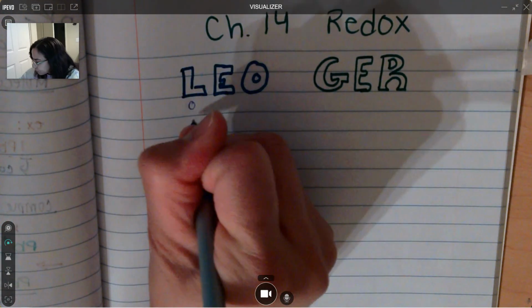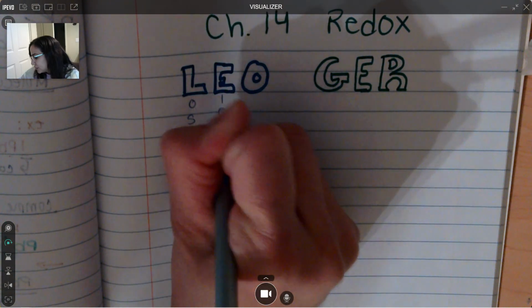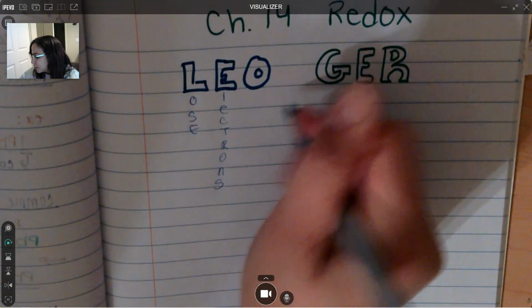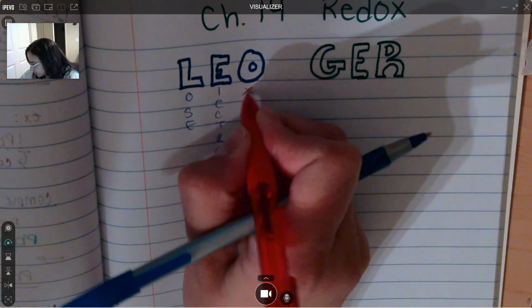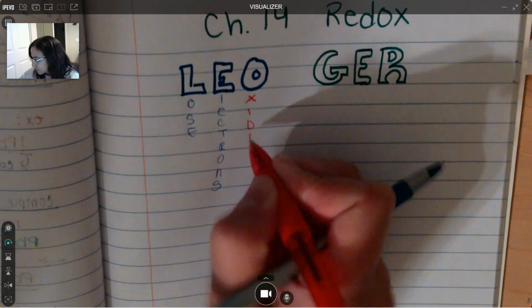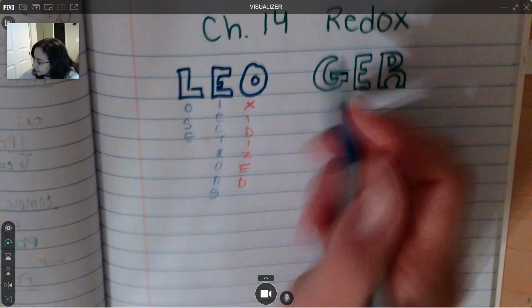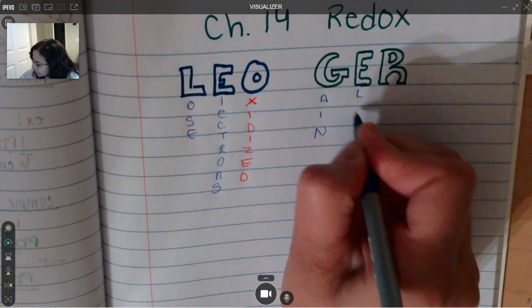So if you lose electrons, then that means you're going to be oxidized. And if you gain electrons, you're more negative.